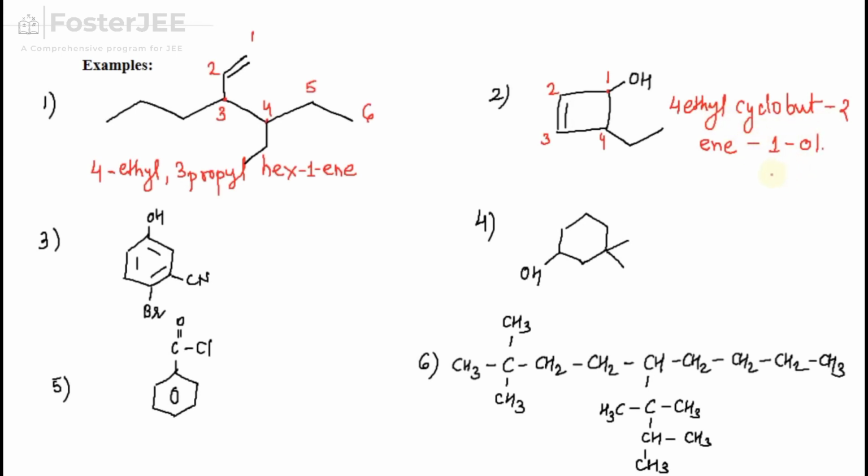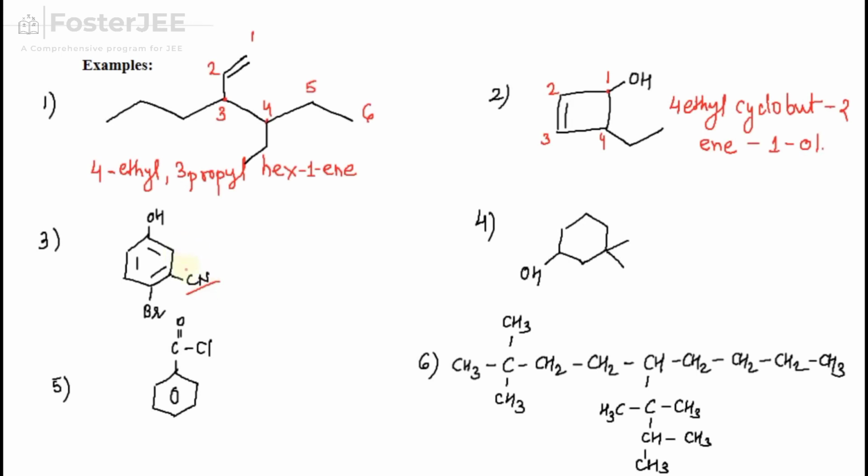Now moving to the third example. Here we can see that there are more than two functional groups present in the compound. So the priority table is followed and we can see that the priority of cyanide is highest in this case.